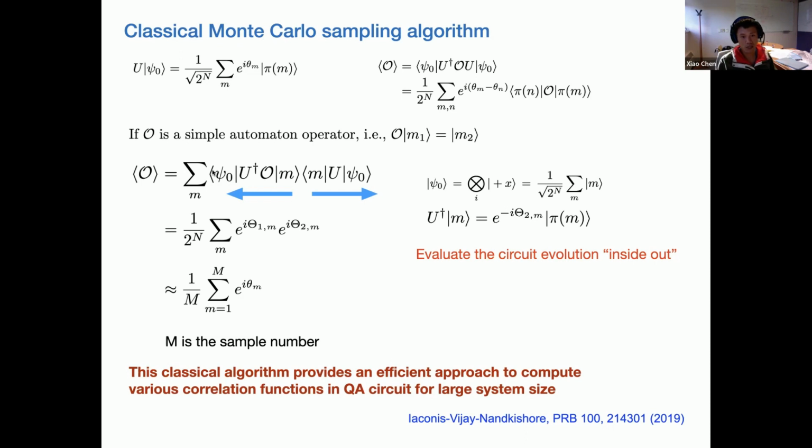So if we choose the initial state as an equal weight superposition, the wave function will remain an equal weight superposition. It's a very nice circuit which allows us to do large-scale simulation and also provides a nice intuitive picture to understand the entanglement dynamics.